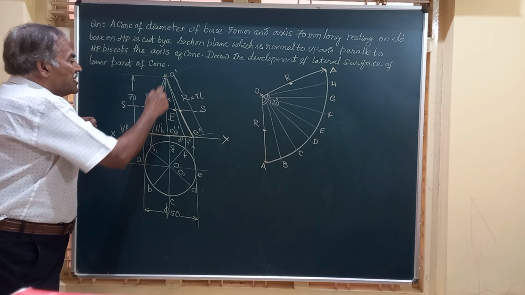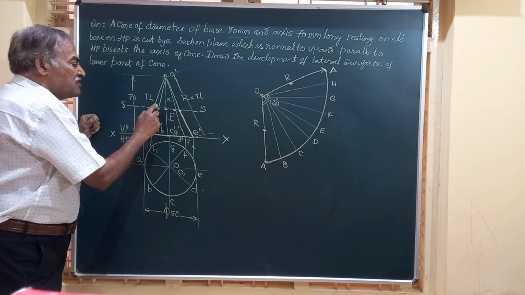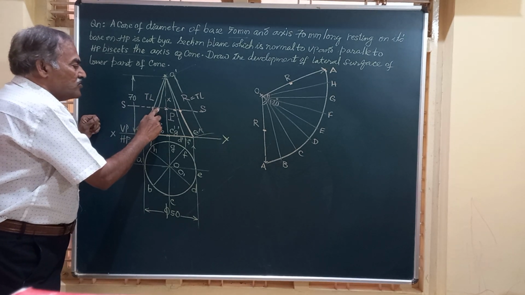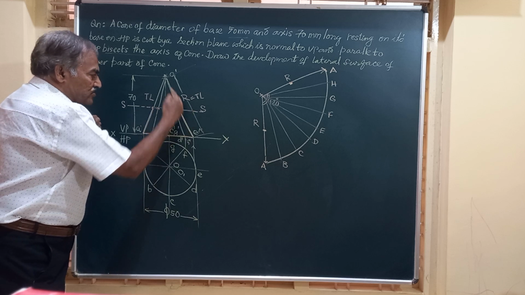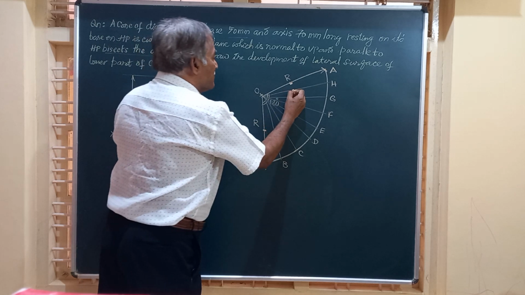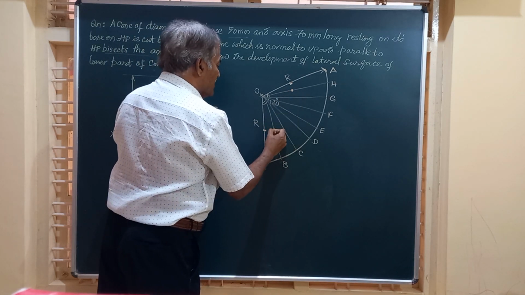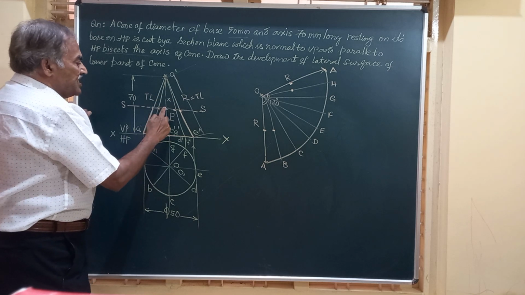Similarly, OB and OH are being cut here by the plane, but OB and OH are not true length. You have to shift it to the left or to the right to the true length line and mark on OB and OH. Similarly, OC and OG again cut.